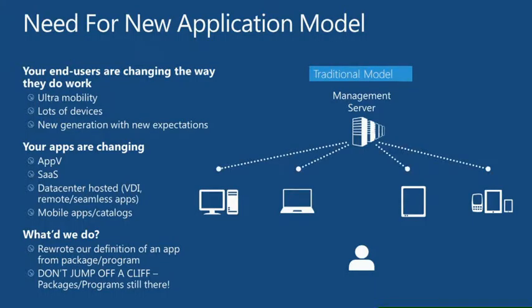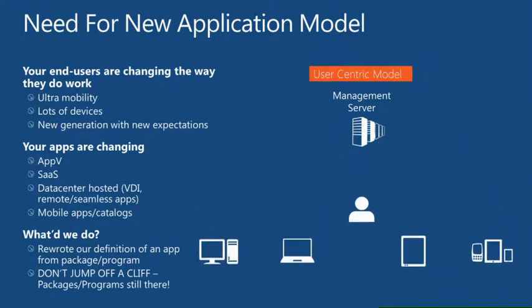What this diagram shows you is the old method of deploying packages, which is, as I said, you have multiple devices, you have collections, and then you advertise those programs and packages to these collections. What we have changed is that now we are thinking about the user first.